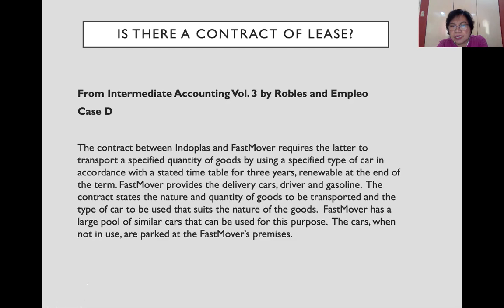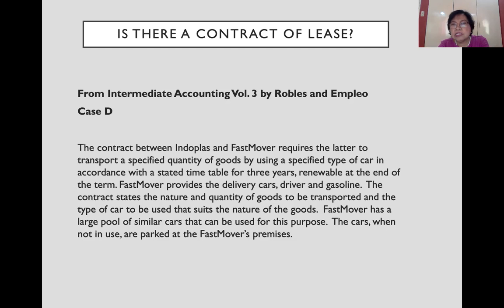Fast Mover provides the delivery cars, driver, and gasoline. The contract states the nature and quantity of goods to be transported and the type of car to be used that suits the nature of the goods. Fast Mover has a large pool of similar cars that can be used for this purpose.